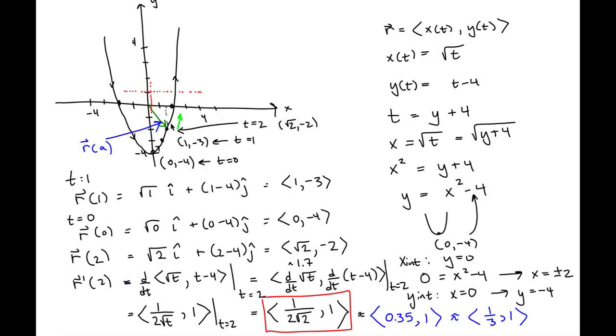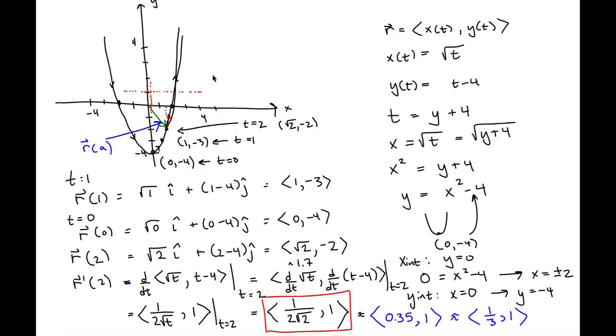The parabola should have looked more like this. Oops, I still can't do it. Should have looked more like this. Let's take our derivative vector and move it to that spot. And notice that derivative vector is tangent to our curve, to the parabola, at that point.